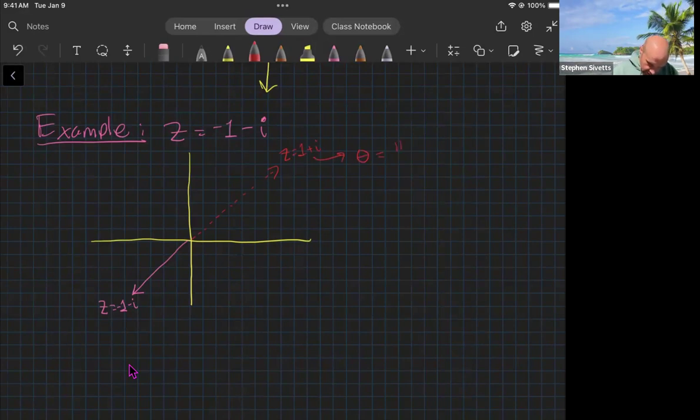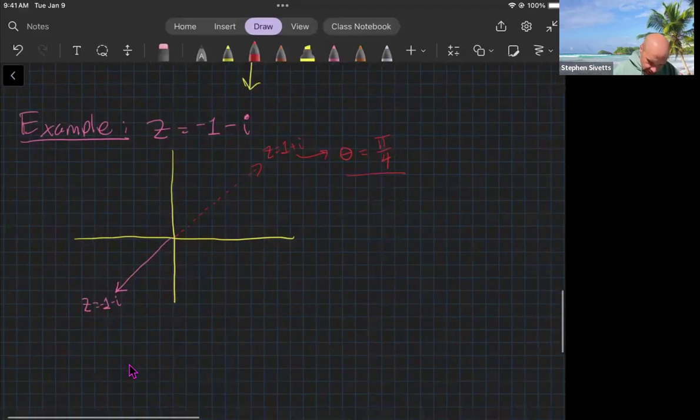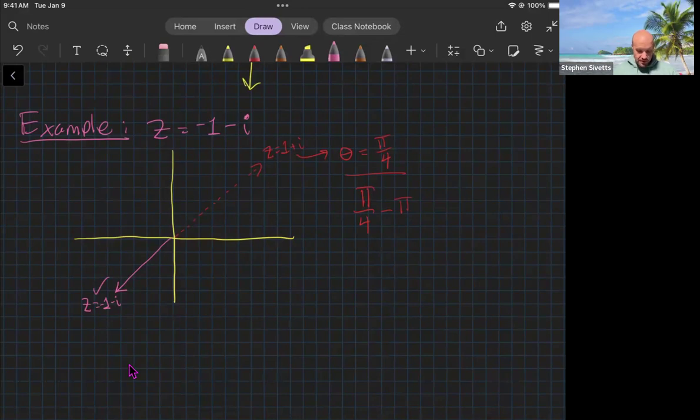So theta in this case would be pi over 4. And then we're going to take this angle and subtract pi radians, right? If we subtract an angle, we're going to go clockwise. So just take pi over 4 minus pi radians, and that would be this angle right here, but it's negative. So it's the clockwise representation of z equals minus 1 minus I. So that would be minus 3 pi over 4.